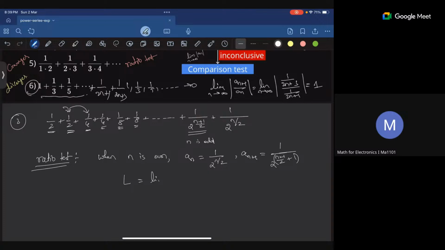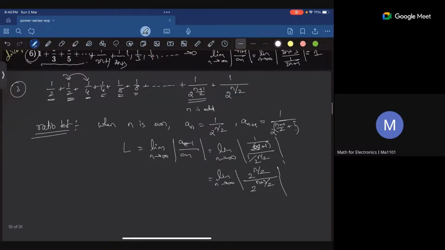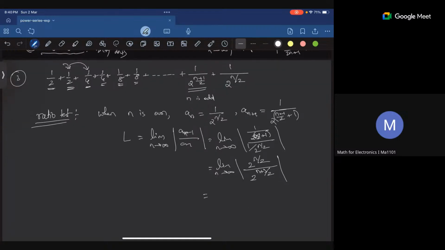Then we can compute L, the limit as n tends to infinity of the absolute value of a_(n+1) divided by a_n, which is the limit of 1/2 power (n/2 + 1) divided by 1/2 power n/2. If we compute the limit, this will be 2 power n/2 divided by 2 power (n+2)/2.